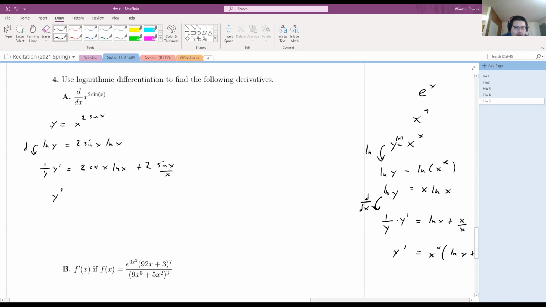And you recall that y is what we defined above. So it's this x to the 2 sine x. It's this original function. And this ends up being multiplied by everything that we wrote down from the right-hand side. So we can just copy all of this down, and that's it. And we can box this guy.